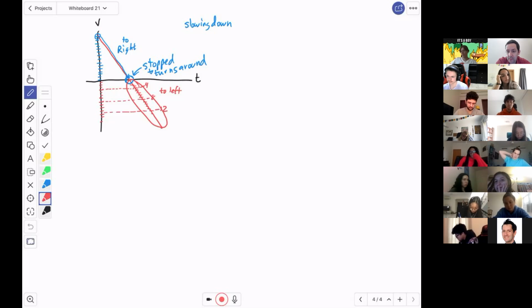They're getting bigger. Tell me about the magnitude of the numbers. They're getting bigger. The magnitude is getting bigger, right? So what does that mean about the speed? It's speeding up instead.